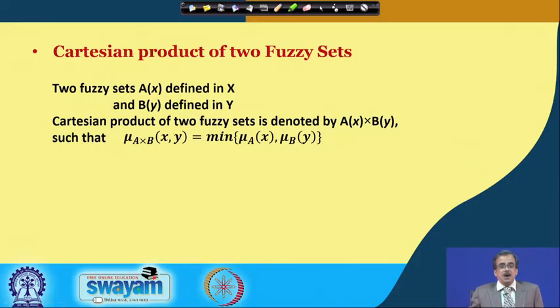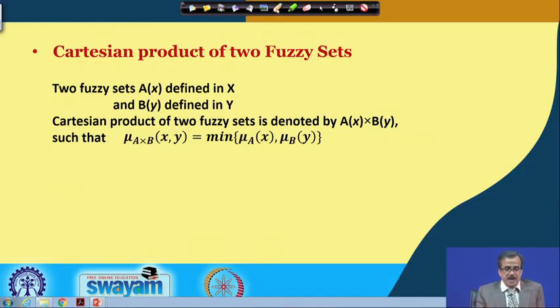Now, let us see how to find out the Cartesian product of two fuzzy sets. Let me consider that I have got two fuzzy sets, say A(x), defined in the universe of discourse capital X, and another fuzzy set B(y), defined in another universe of discourse.